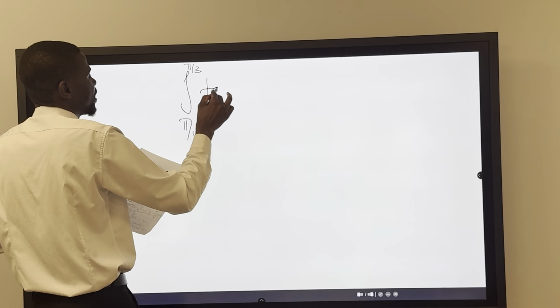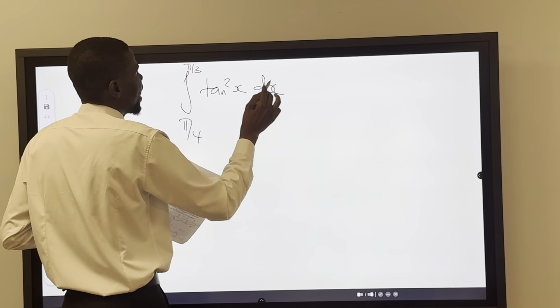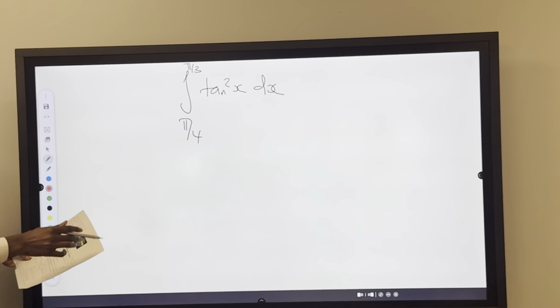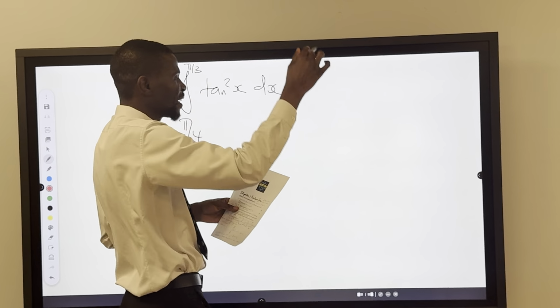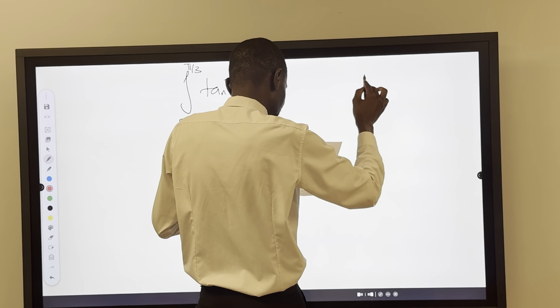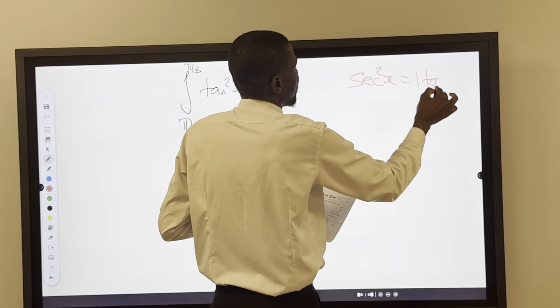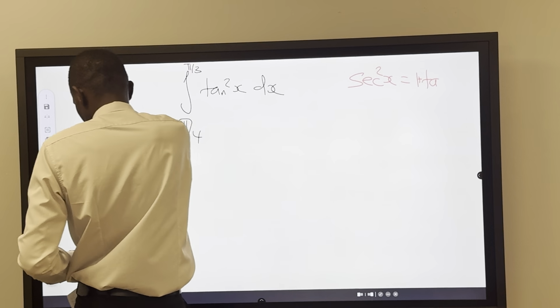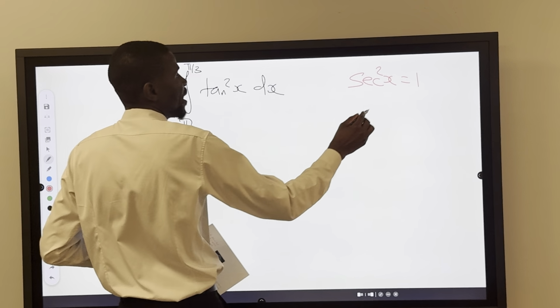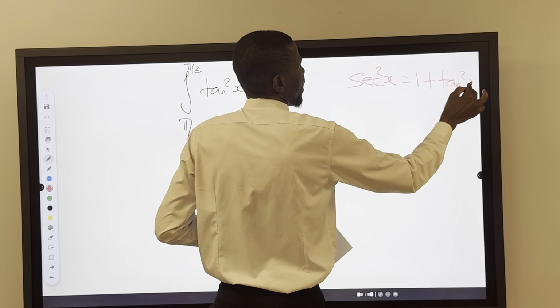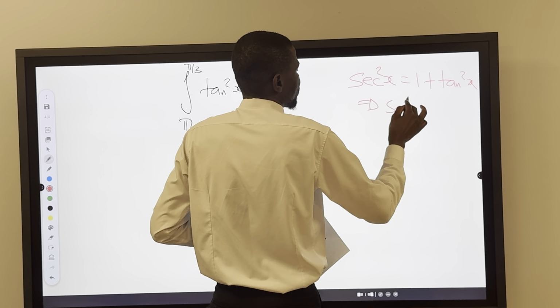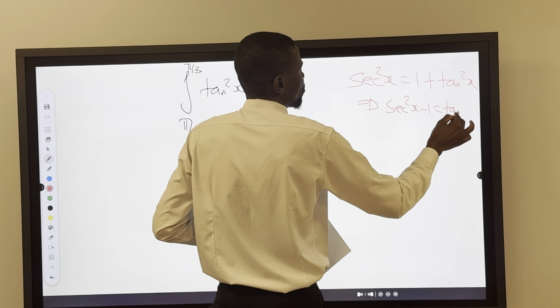So we want to find the integral from pi over 4 to pi over 3 of tan squared x dx. But guys, remember, we don't have a direct integral of tan squared, but we have that relationship. If you still remember, sec squared x is equal to 1 plus tan squared x, which implies that sec squared x minus 1 is equal to tan squared x.